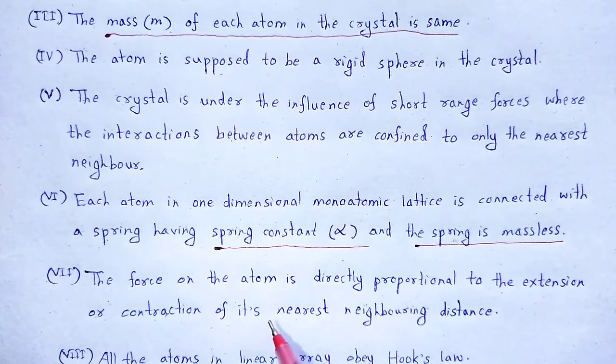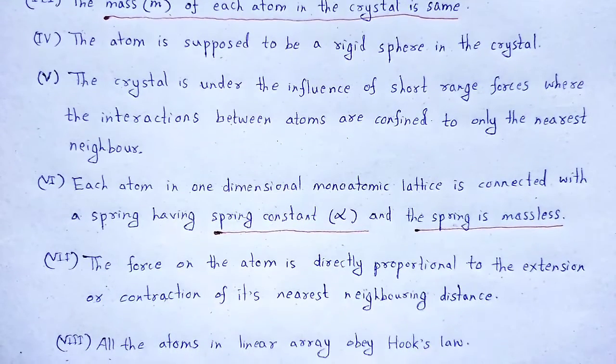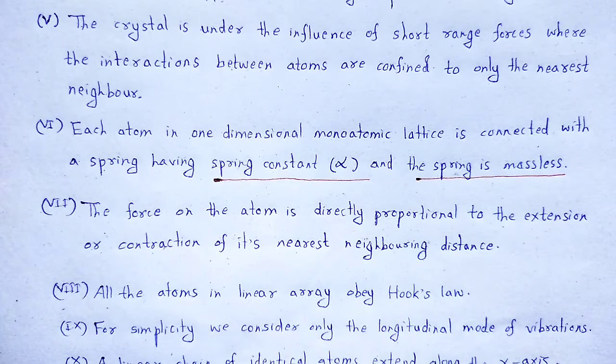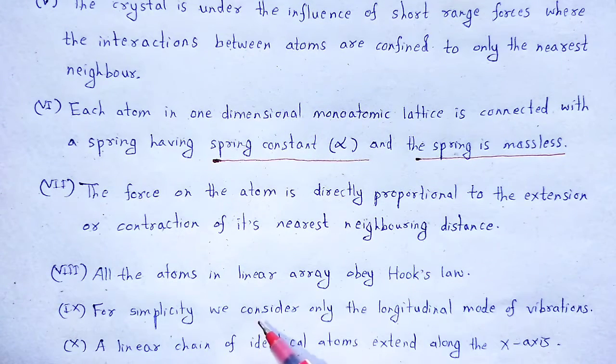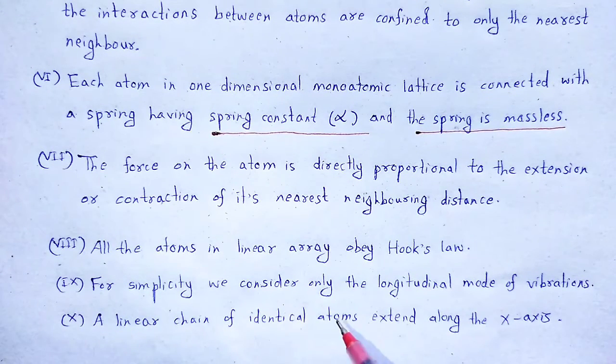The force on the atom is directly proportional to the extension or contraction of its nearest neighboring distance. All the atoms in the linear array obey Hooke's law. For simplicity, we consider only the longitudinal mode of vibrations. A linear chain of identical atoms extends along the x axis.